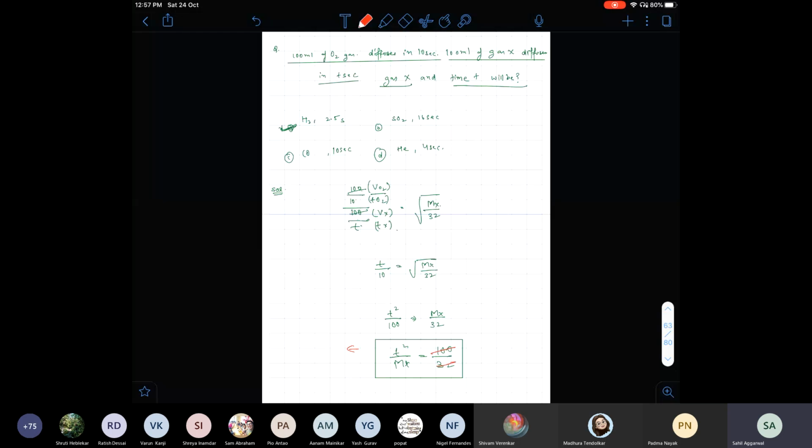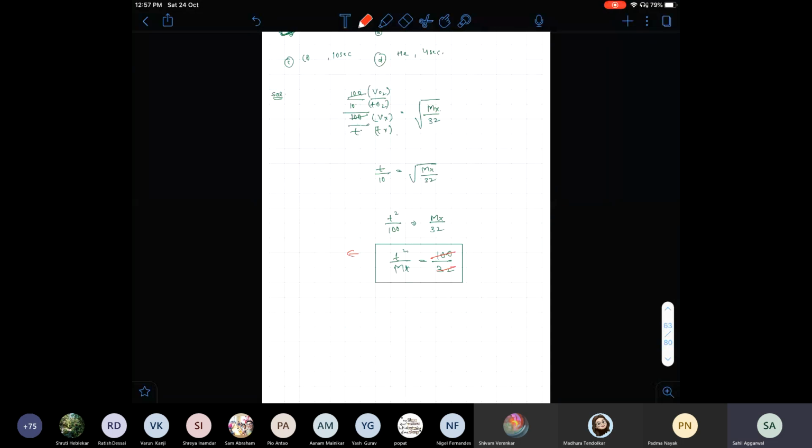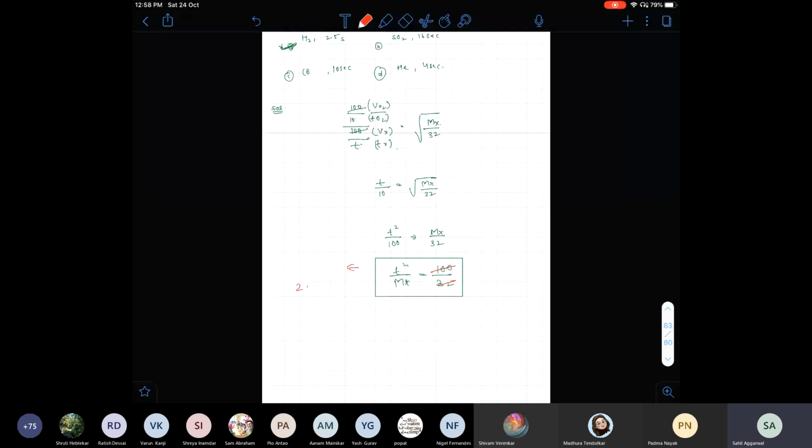Yes, what you want to explain in this? 100 by 32 is 3.125, right? Now you are saying it's C. C ka mass kitna hai? 28. And T square is 100. How it can be same? They are not same.